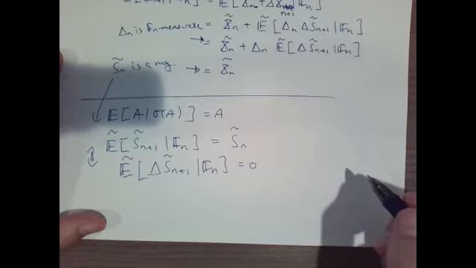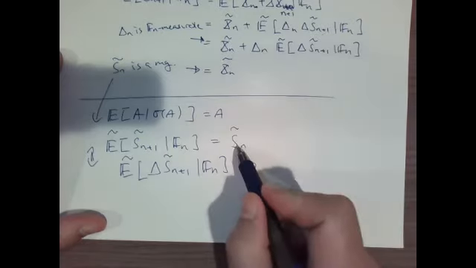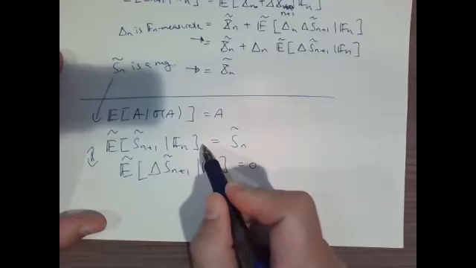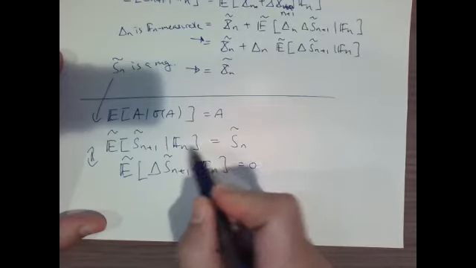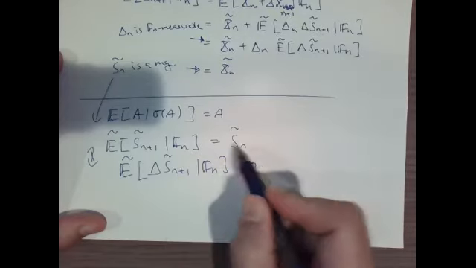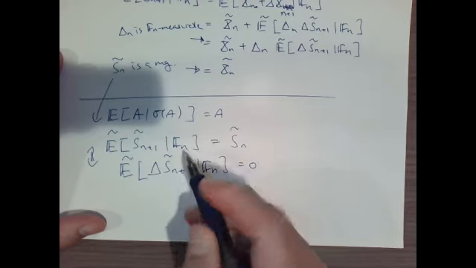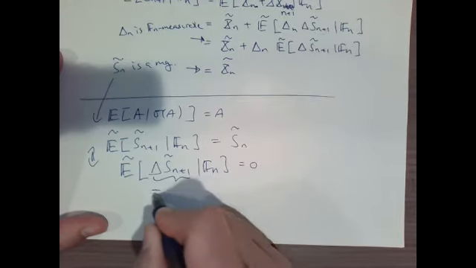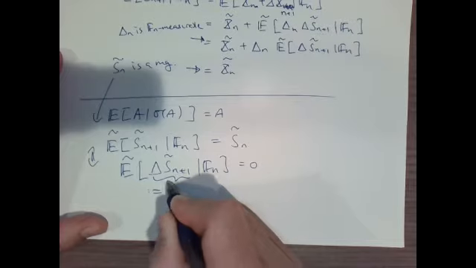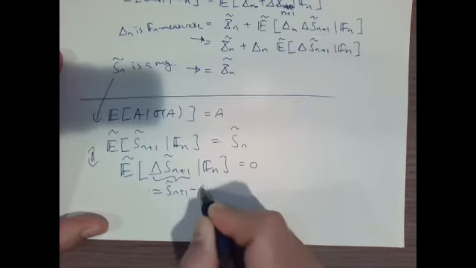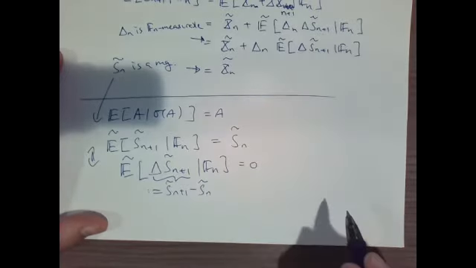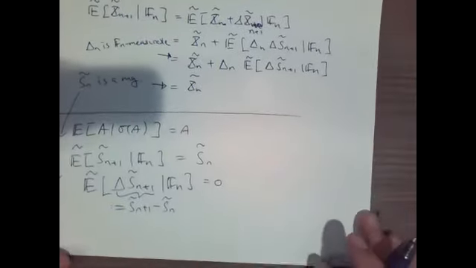Oh, because it doesn't change. No, wait, if you move this to the other side, then it can go inside the conditional expectation because the discounted stock price is measurable. Oh, I see. This here is by definition S n plus 1 tilde minus S n tilde. Got it. Okay. Good.